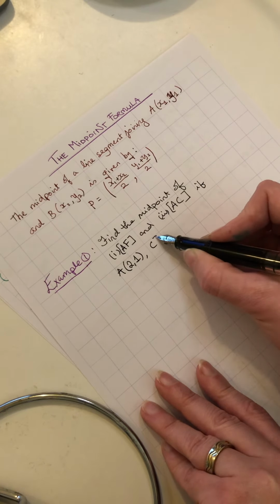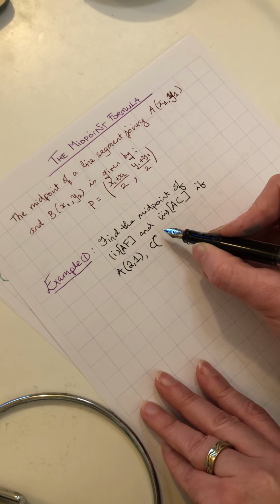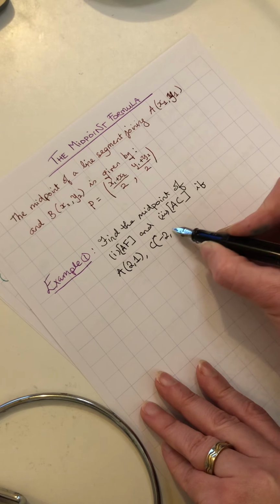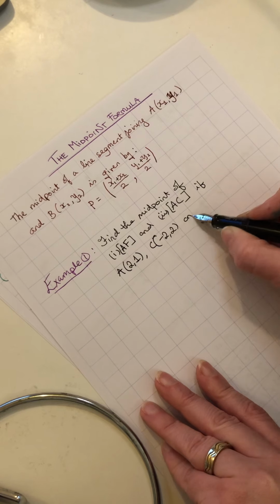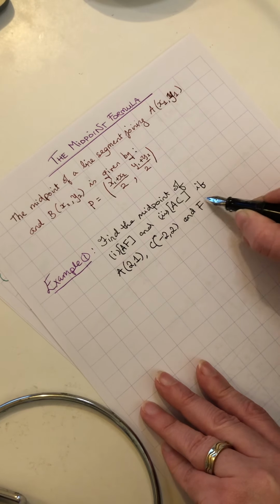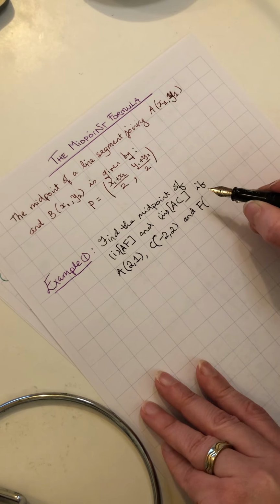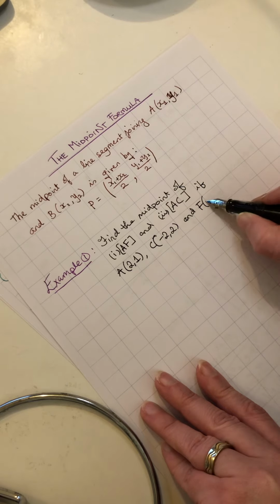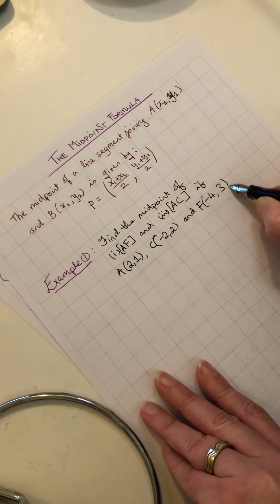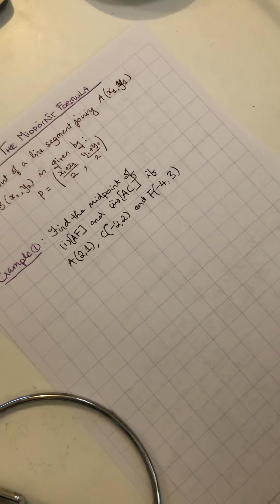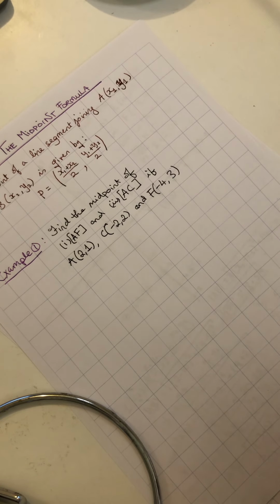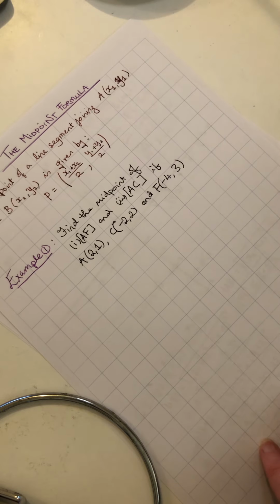C is the point -2, 2. And F is the point -4, -3. And the diagram for those points is in your notes from yesterday. Okay, so let's answer this then.